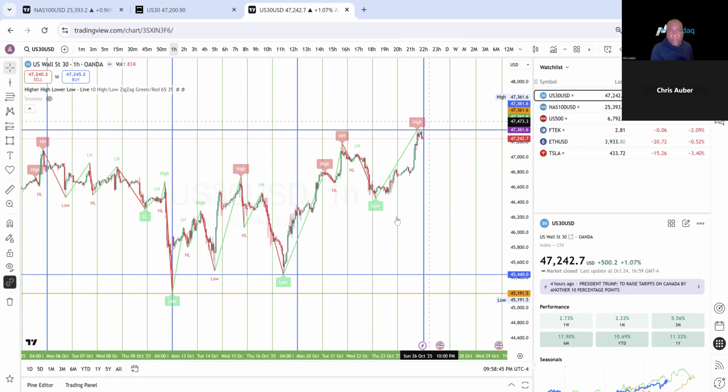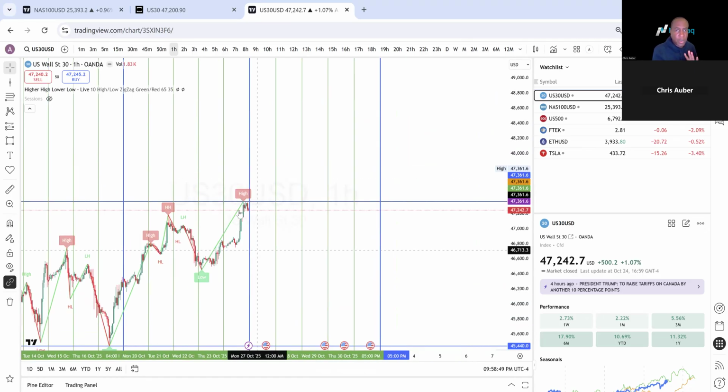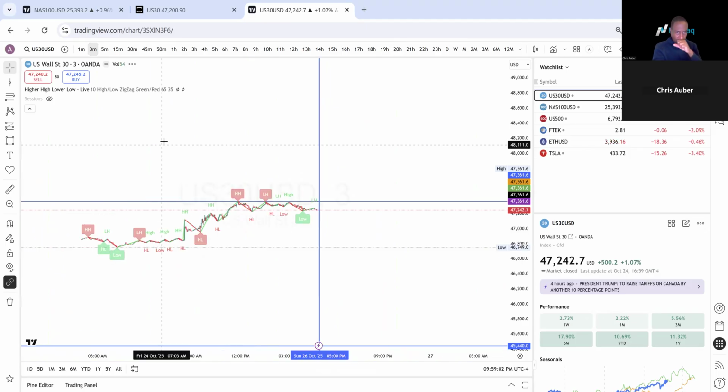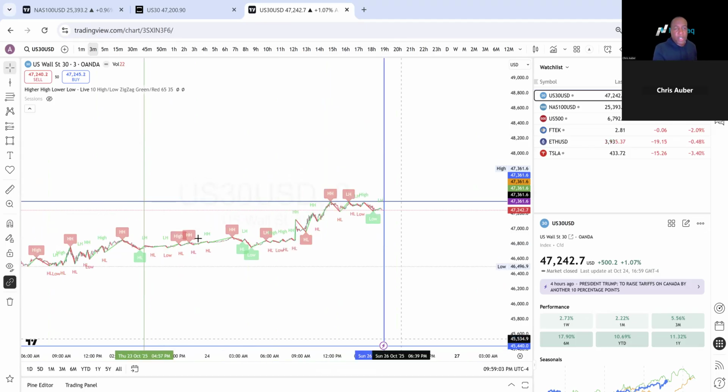Okay. All right. So now that I do that, I have all my lines that I'm looking for, all data that I need to see from the previous week, the previous month, any time frame I'm going on. I can still track what the market does hour by hour, depending on the time frame that I'm looking at.